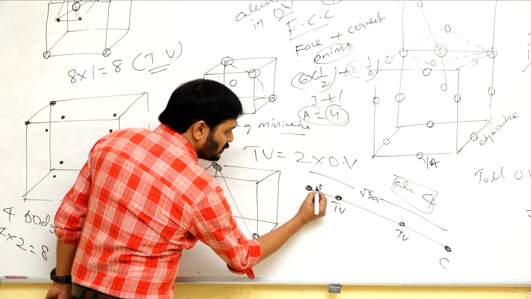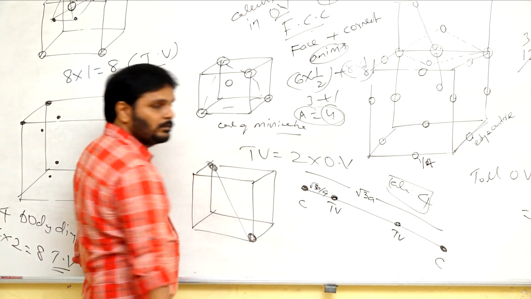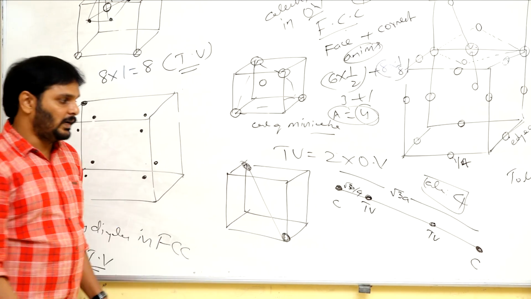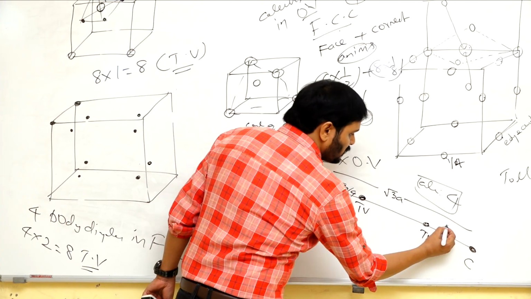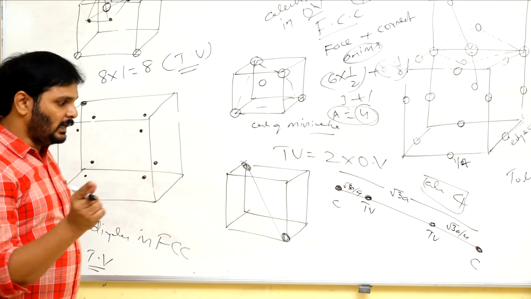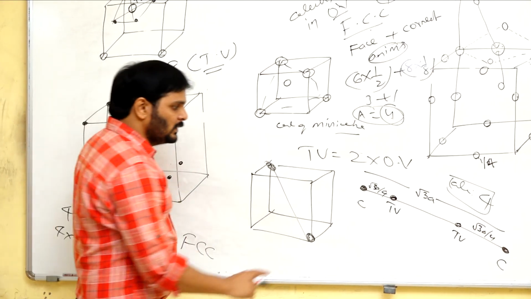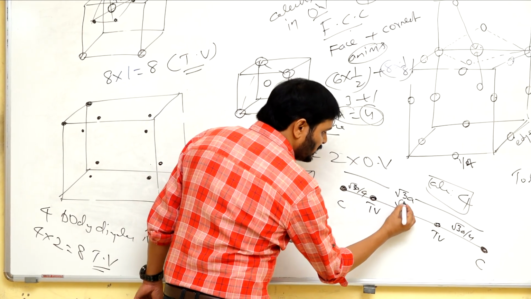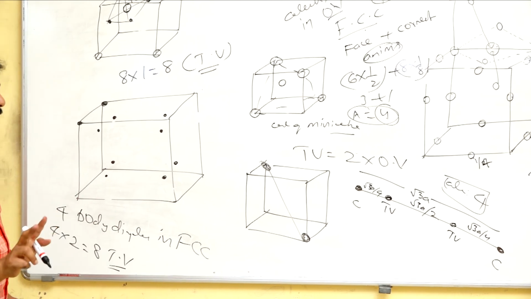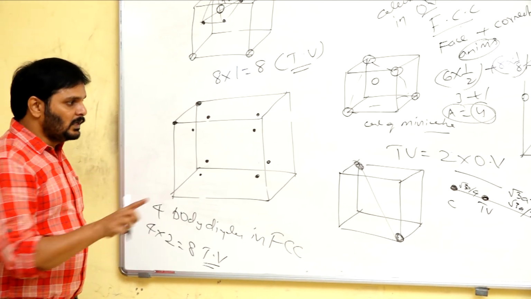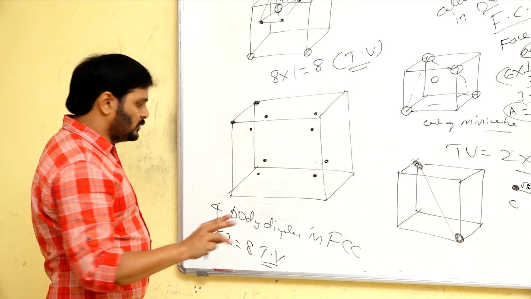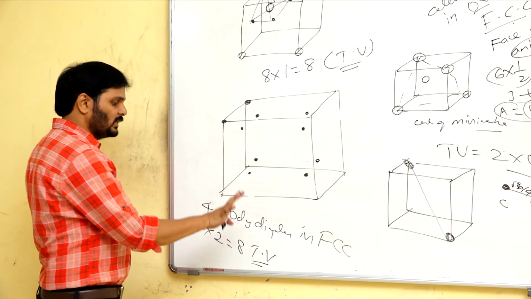So root 3a by 4 is the distance between a corner atom and a tetrahedral void. Similarly, here also you have root 3a by 4 distance between the tetrahedral void and the other corner atom. Now these two voids are separated by half the value. So the distance between two tetrahedral voids is root 3a by 2. So total 4 body diagonals, the location is this.